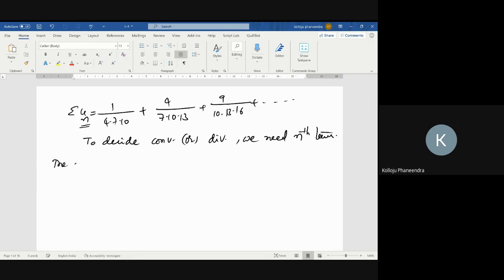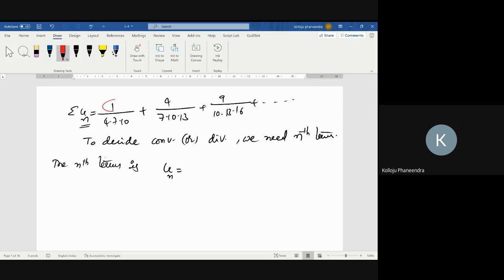The nth term un is equal to, see, the first term. Every term is a fraction. In that fraction, the numerator values are 1, 4, 9, and so on.